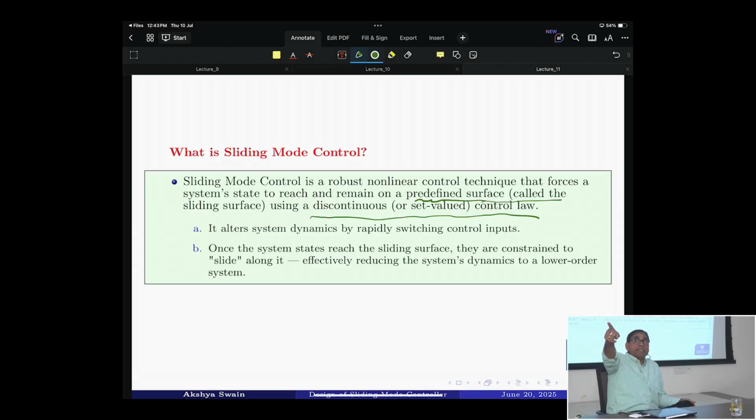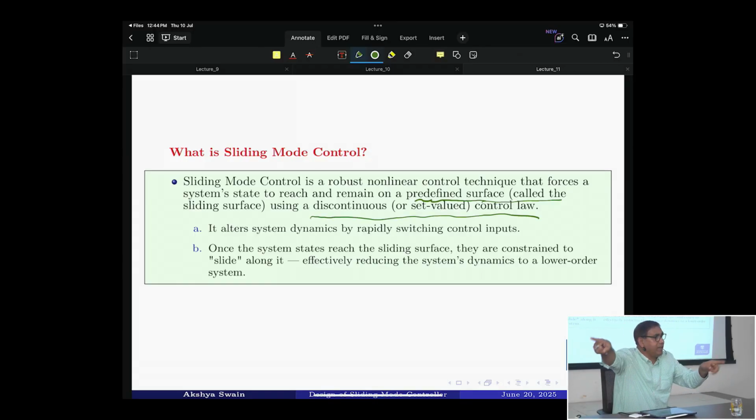Then once I decide that I will put you there, I have to find out a vehicle. You are here. I want that you should go to the beach and dance. So I must make some arrangement that you should go there, otherwise how can you go from this place? Right? So there is a reaching phase. The sliding surface is there on that mountain, and there I want you to be put. So I will make a control law which will push you from this place and take you there.